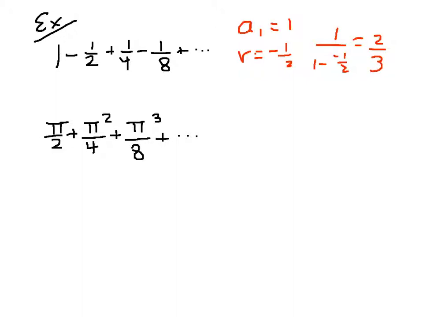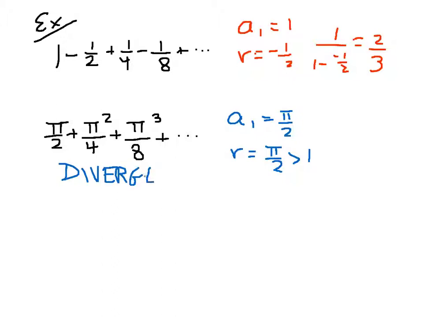If we look at the next one, we have to be careful here, because what we notice is that our first term is pi over 2, big deal. But in this case, r is equal to pi over 2, which is greater than 1, and so this diverges.